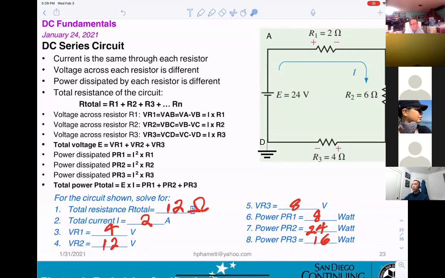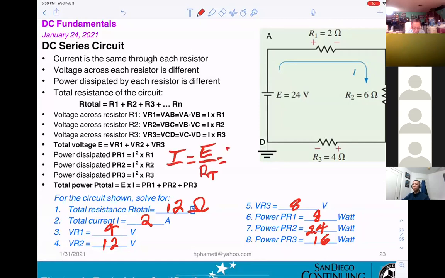I think the secret here is understanding that the current in the circuit is the applied voltage divided by the total resistance. So if you want to calculate the current, I equals E divided by R total. That's 24 divided by 12, which gives you 2.